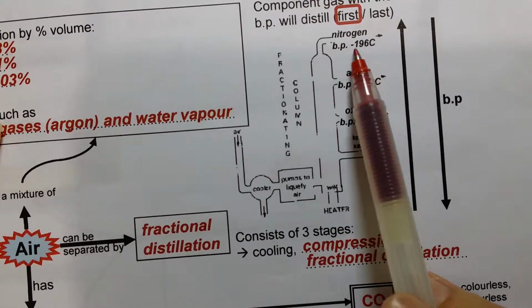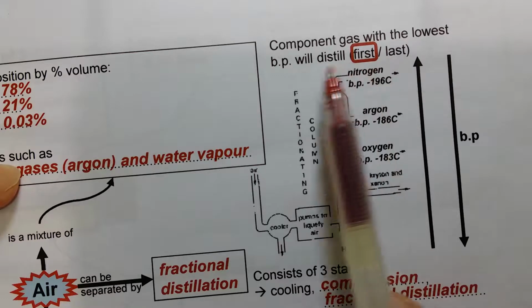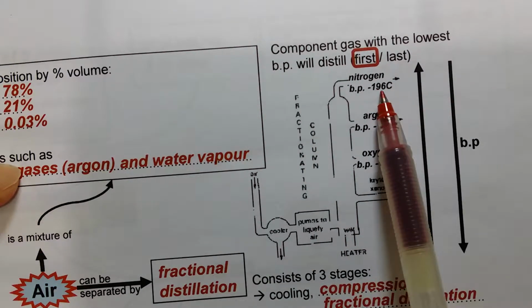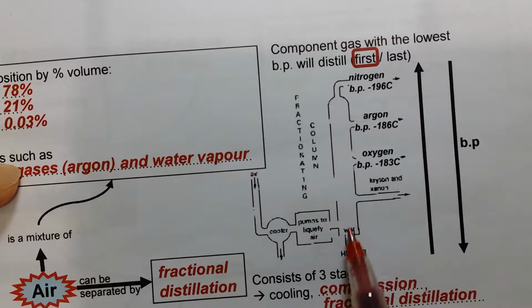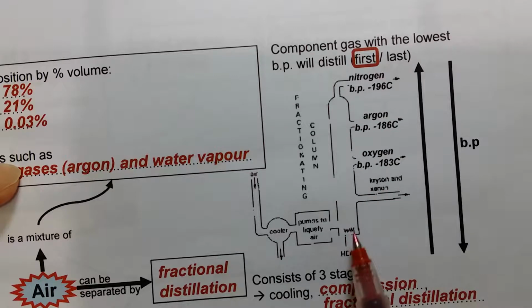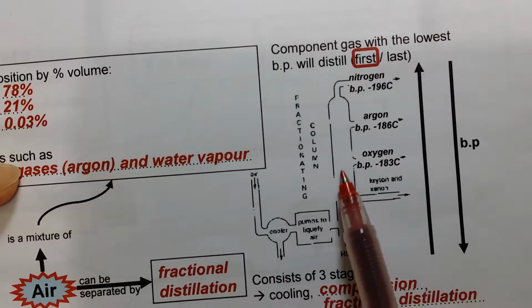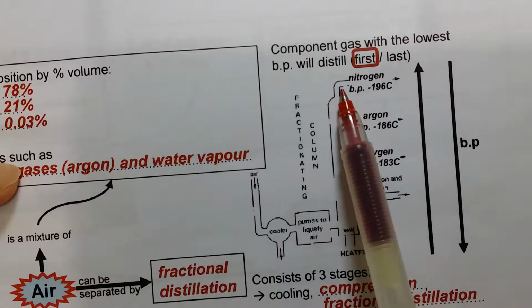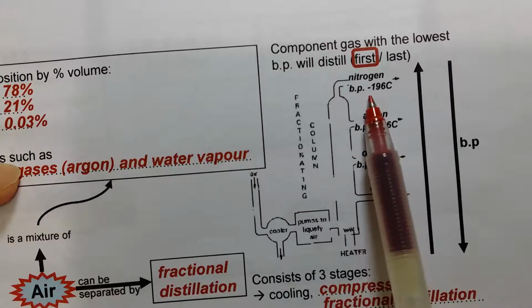You need to be aware that the component gas with the lowest boiling point will distill over first. So nitrogen would distill over first, because nitrogen has the lowest boiling point. Once it is heated, it will become gas first, and it would rise to the top of the fractionating column, whereby it will be distilled over.